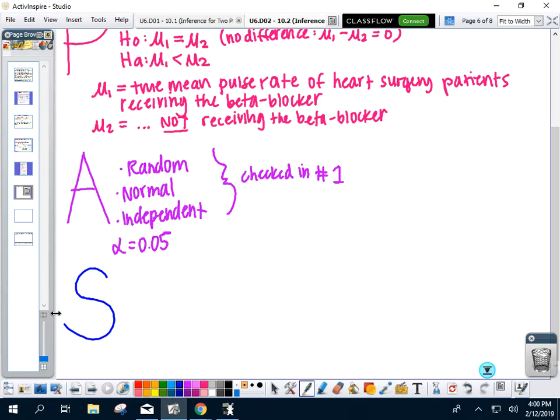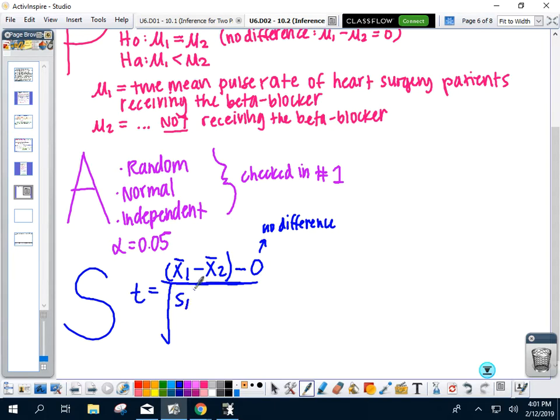In a test, we need two items in our statistical work. We need our test statistic, t equals x bar 1 minus x bar 2 minus 0, since your null is always no difference between the population means. And then we have our same standard deviation, S1 squared over n1 plus S2 squared over n2. All right, let's fill it in.